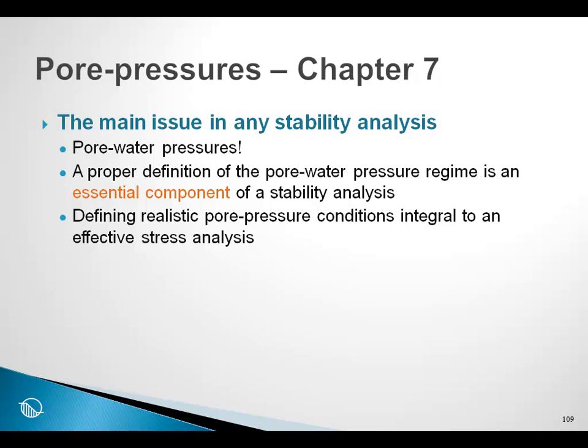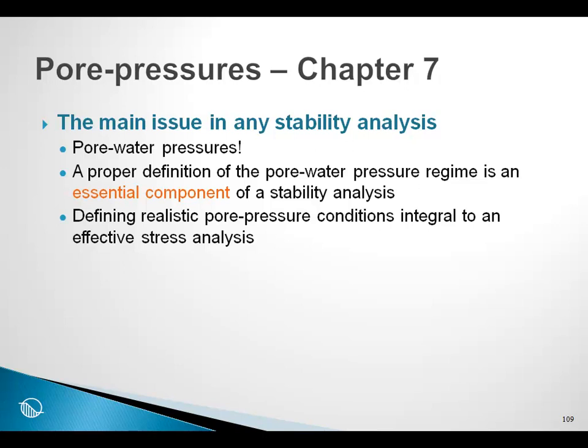This is particularly true if we are going to do an effective stress analysis, and in the session on defining trial slip surfaces, we pointed out that the position of the critical mode of failure is controlled by the definition of the strength parameters that are used.